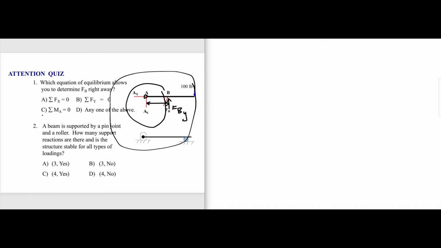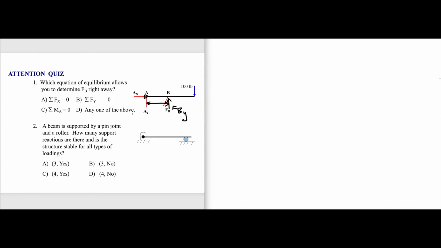So all you need is to take moments with respect to A equal to 0, and you can solve the problem. Sometimes we have to apply a smart approach. We don't need to apply the three equations when I'm only asking you to find FB. Next question.